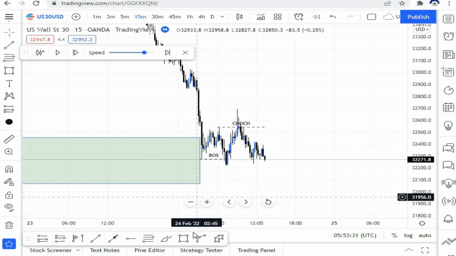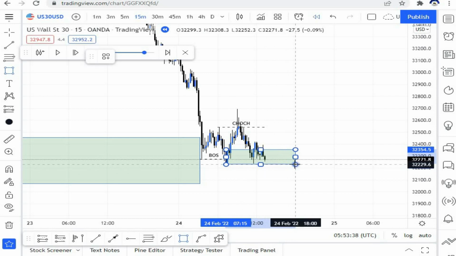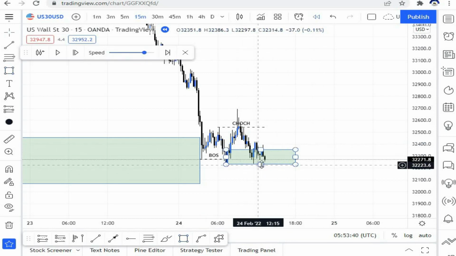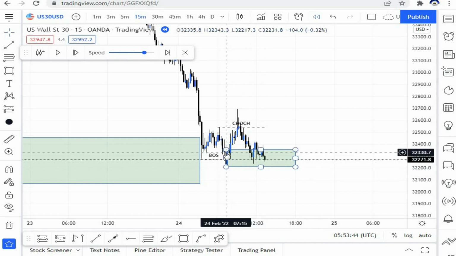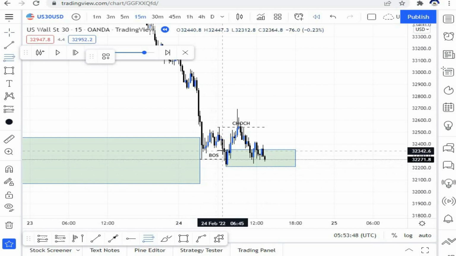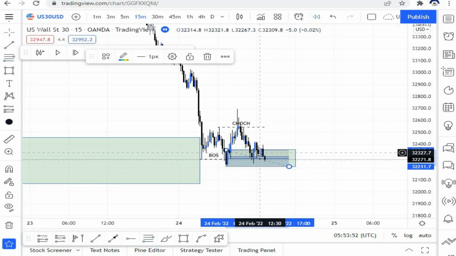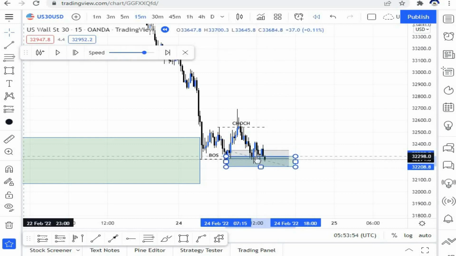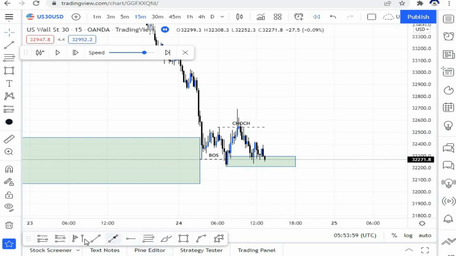Now your main focus zone is this last candlestick in 15 minutes, right here where this demand zone area is. If you like, you can use premium and discount, something like this, and you'll be focusing on this premium zone area right there.